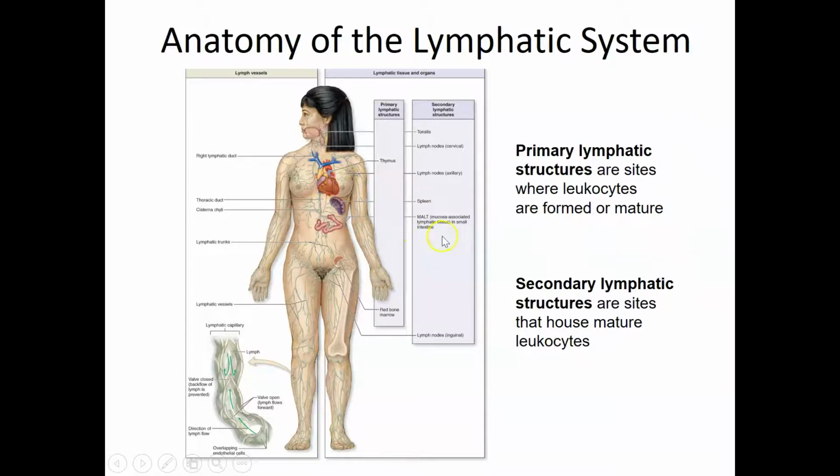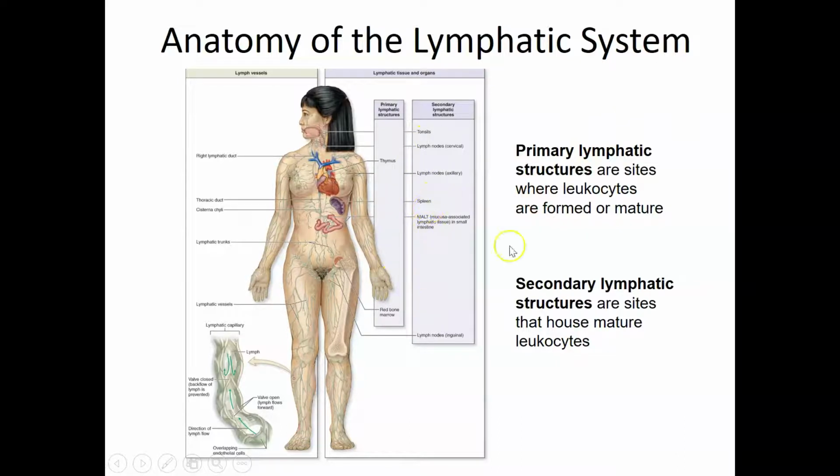And finally, there's a set of structures called MALT, which stands for mucosa-associated lymphatic tissues. What's common to all of these is they have packets of immune system cells. The way they're organized differs in each of these structures.